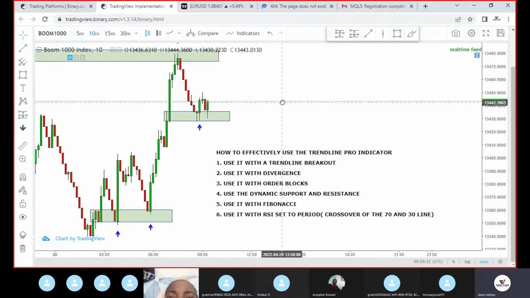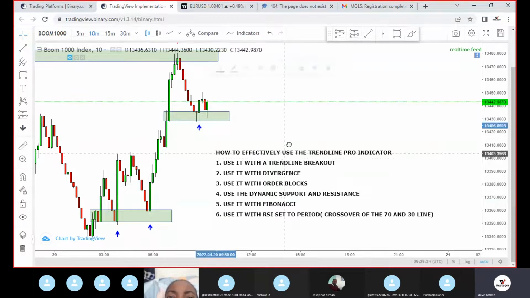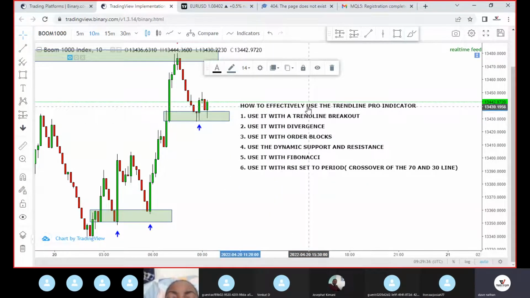All right. So how to effectively use the Trendline Pro indicator? Use it with a trendline breakout. Use it with a divergence. Use it with order blocks. Use it with the dynamic support and resistance.